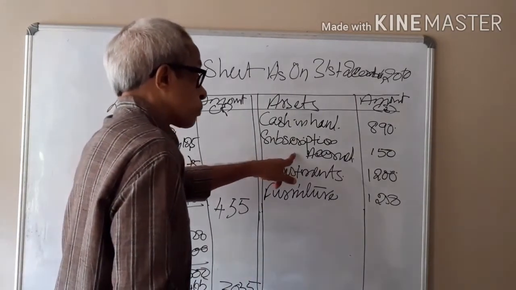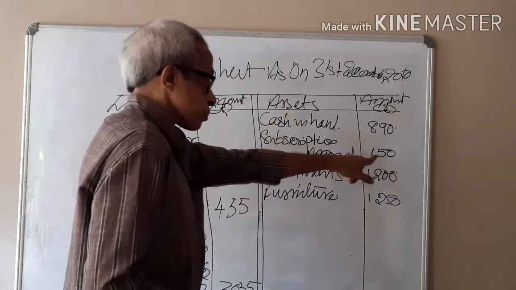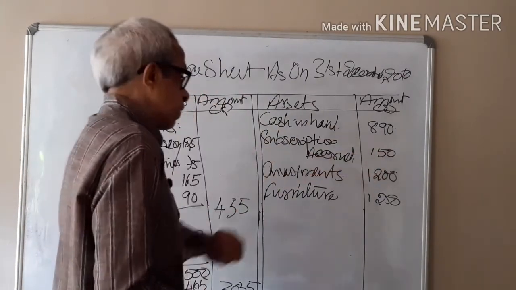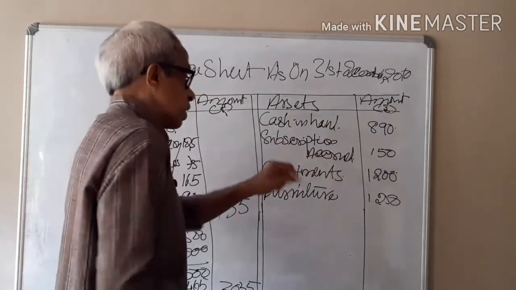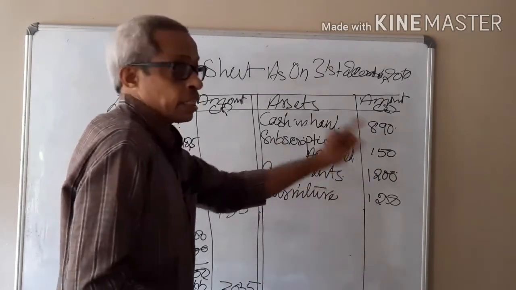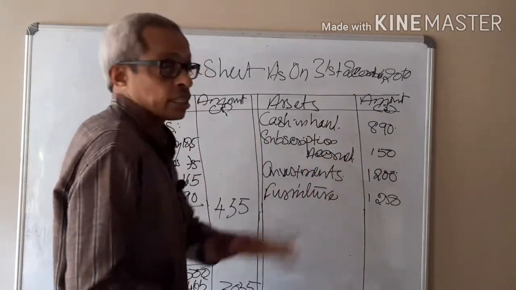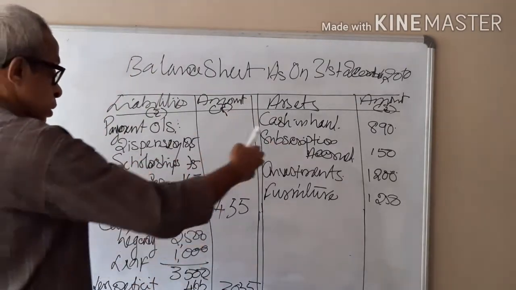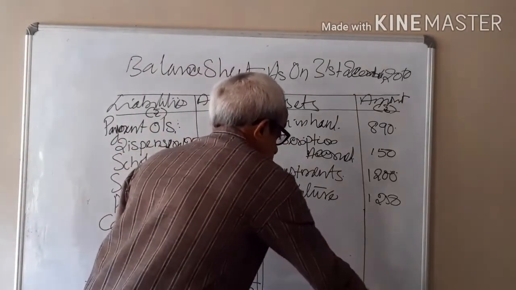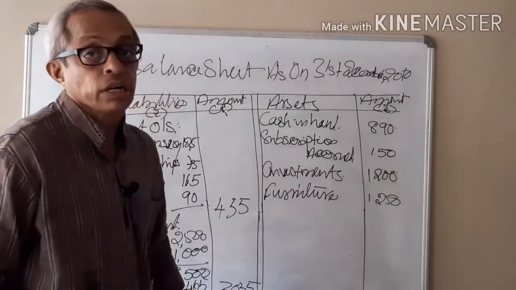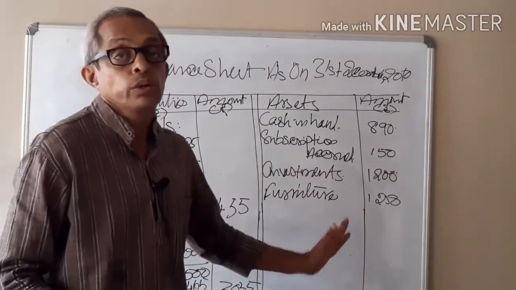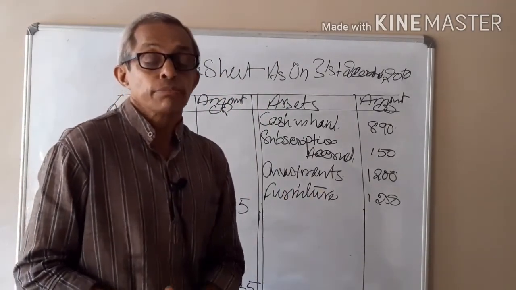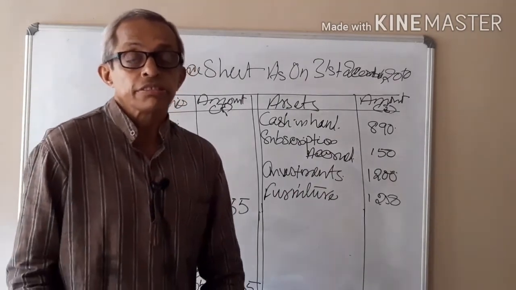Then the amount of subscription accrued as given in the adjustment is given. Then investment is written. Then furniture is written. And when we totaled these two sides, the two sides became equal, that is 3490. This is how this account is prepared. Thank you.